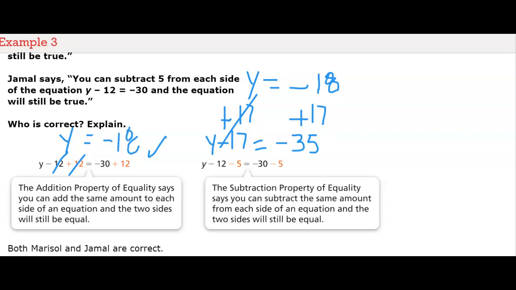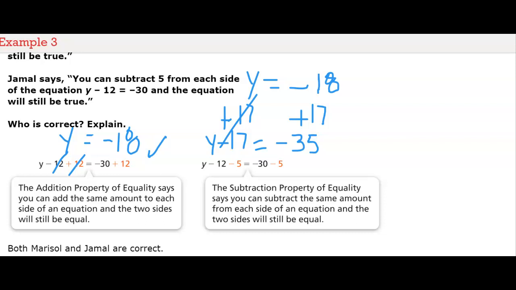So that's negative 18. So back to what I was saying, you take that negative 18 and then you use it in the problem. You have negative 18 minus 12, and you get negative 30.